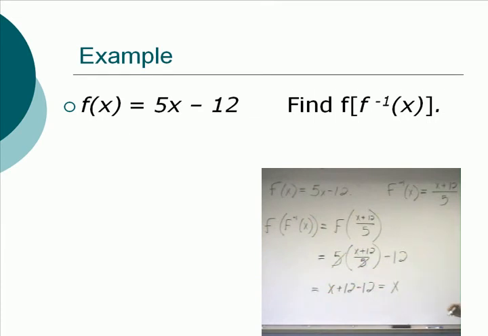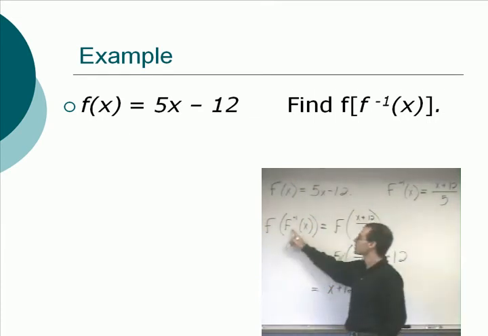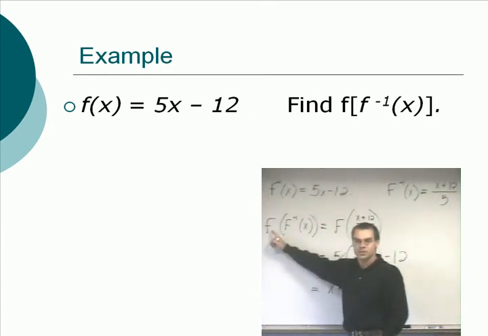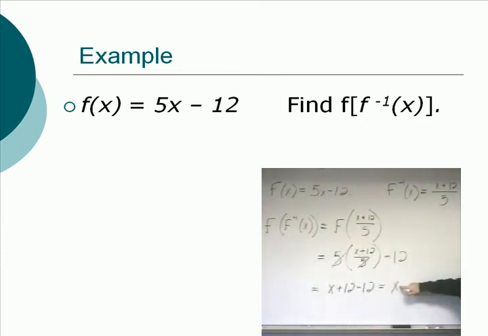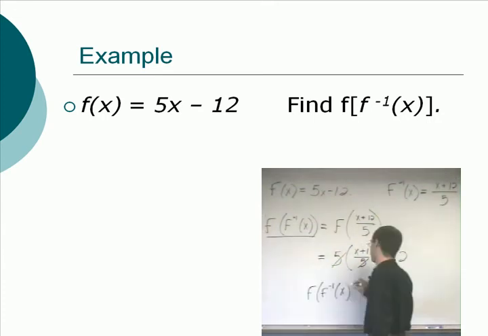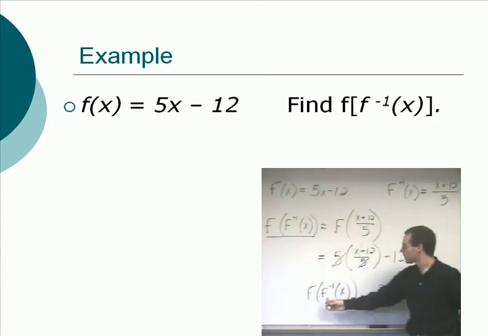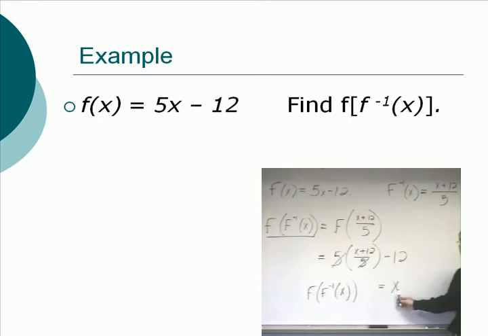In other words, if you plug a number into an inverse and then into the original function, that's what I just had you do with the number in your head, what do you end up with? The original number. X is the identity for composite functions. If you take a composite function with a function and its inverse, in this case you ended up with x.